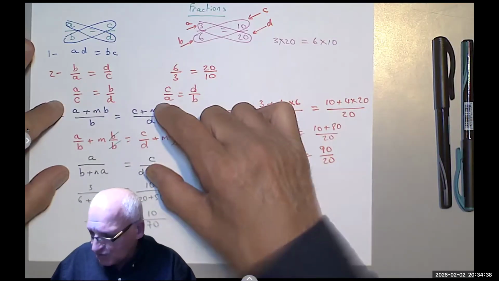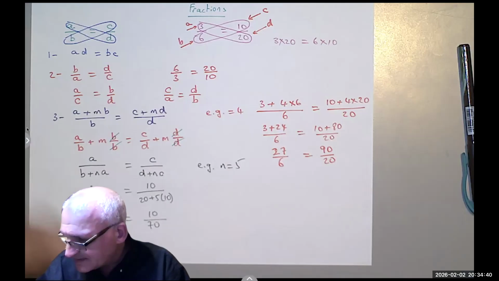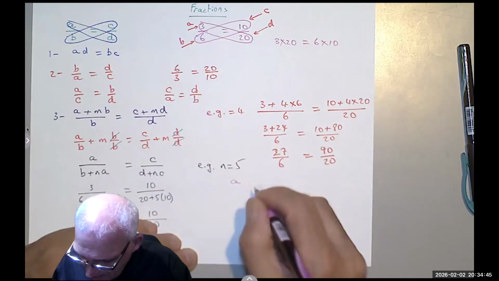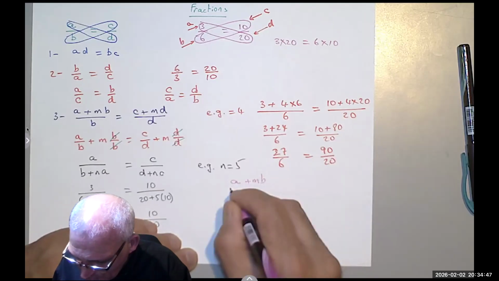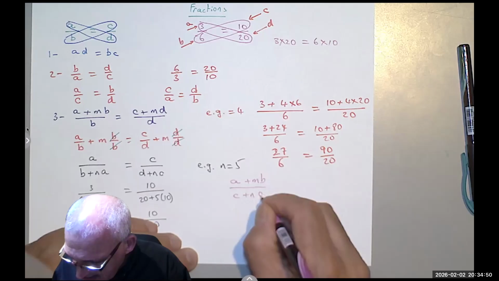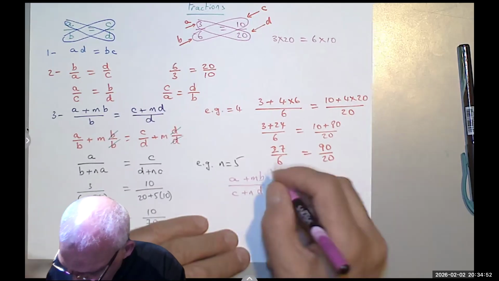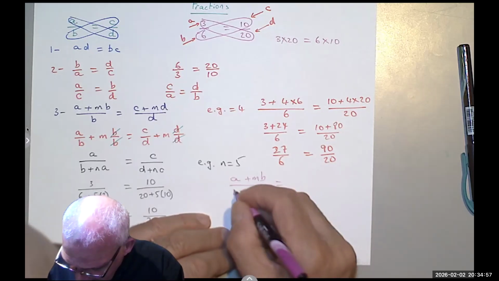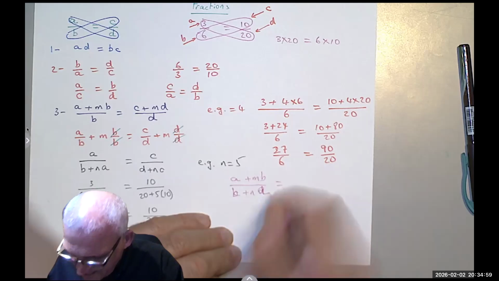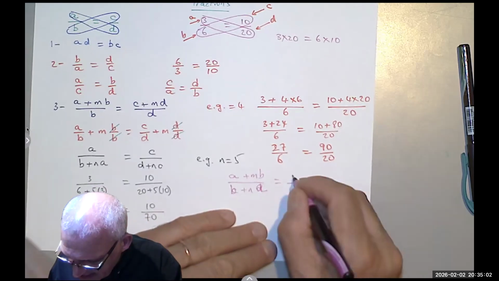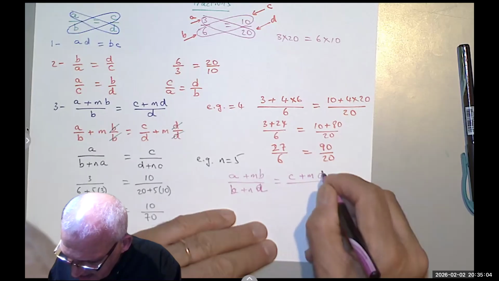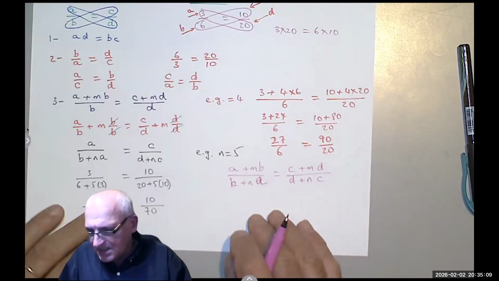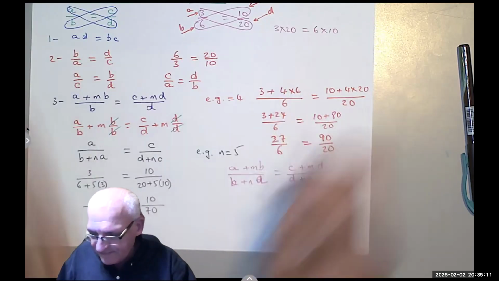Notice that I can also, maybe the final thing I will do, of course, combine both. So I can say, for example, A plus MB over C plus ND equals, let's make it over B plus NA is the same as C plus MD over D plus NC. Let's see if that works. We don't have to use the 4 and the 5 as before.